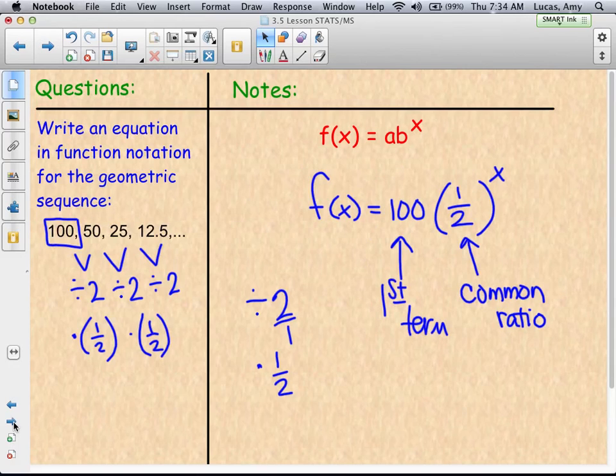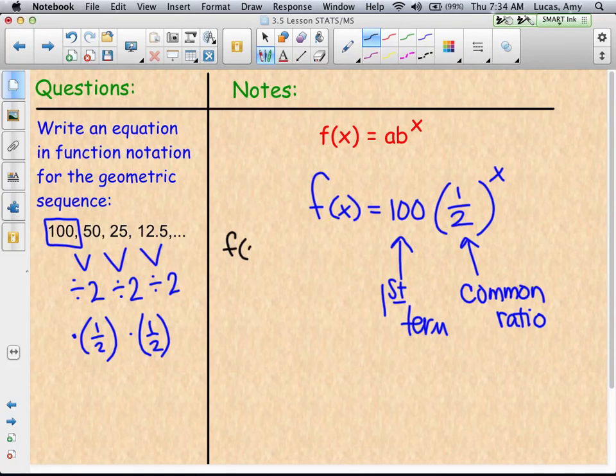So let's say I use this one. If I plug in 0, because remember the rule, again it said when x equals 0, 1, 2, and so on. So if I plug in 0, here's what happens. And you may want to use a calculator for this because of the exponent.